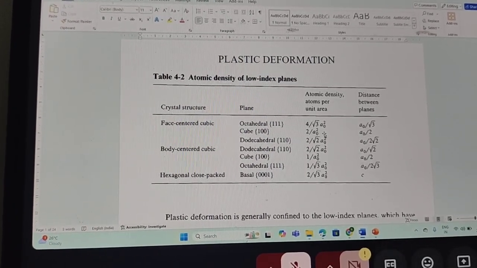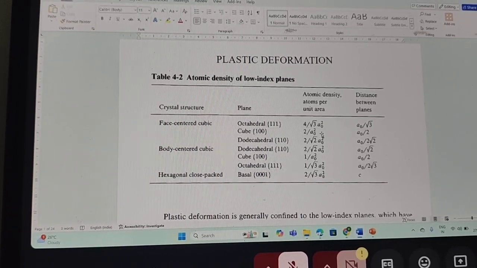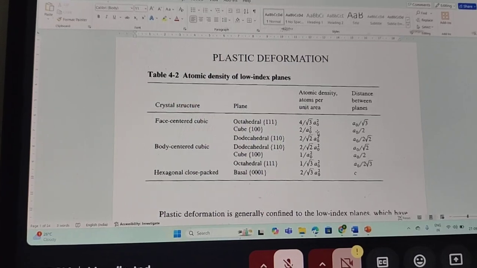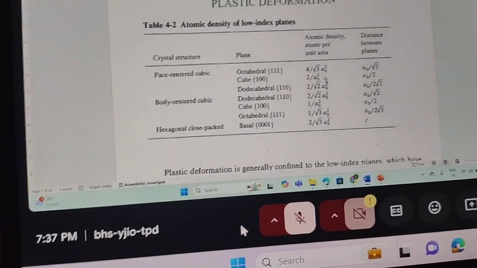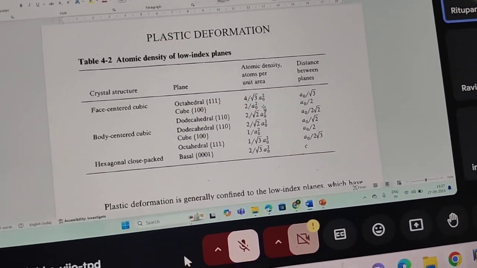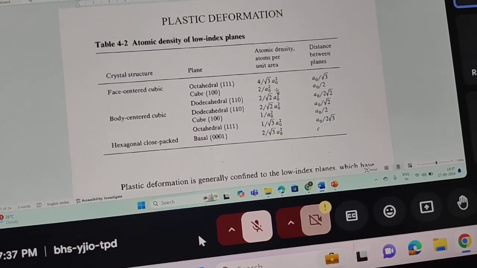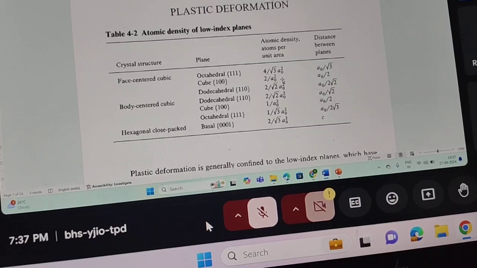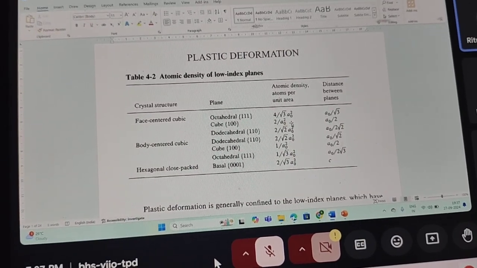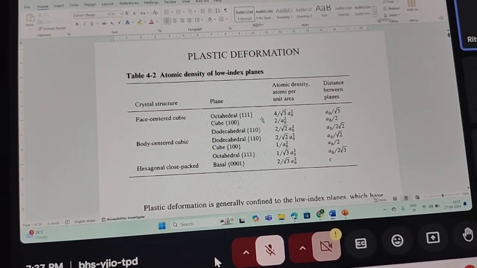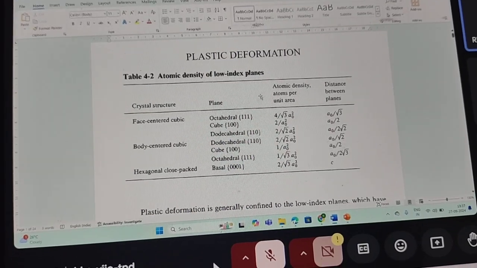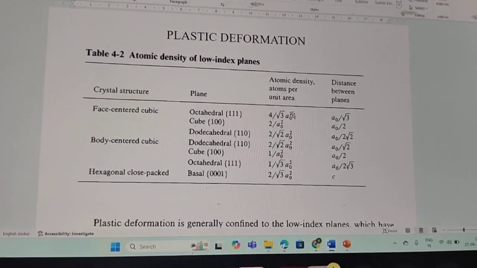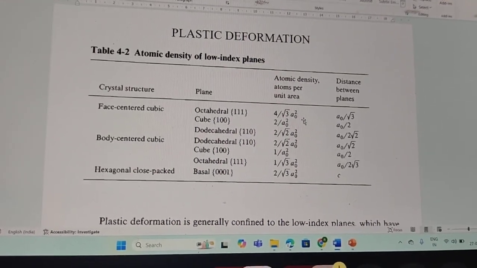The maximum deformation takes place in the maximum close packed lattice, as I told you with the example of marbles. The material which is maximum compact, the deformation would be maximum for that. So that material is very plastic and very ductile. In the face-centered cubic lattice here, you see the octahedral plane 111 has the maximum atomic density. That means when you apply a stress, the octahedral plane would be affected first.